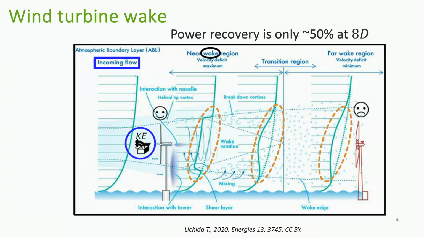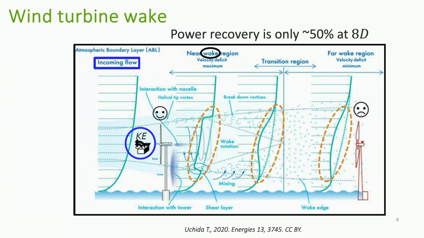This recovery is primarily driven by turbulent mixing between the wake and the surrounding faster-moving air. However, research has shown that this process is relatively slow. Even 8 rotor diameters downstream, the recovered power is only about 50% of that in undisturbed conditions.